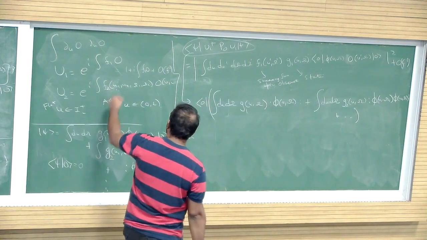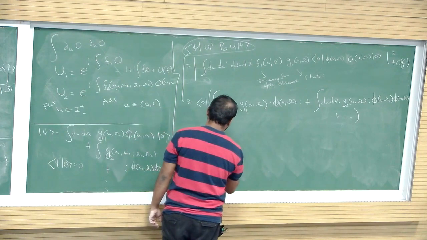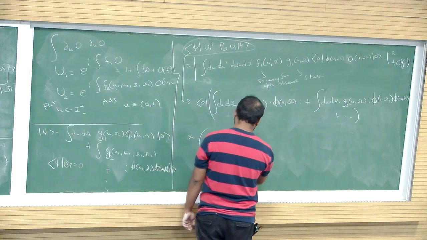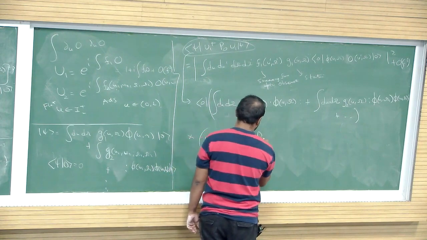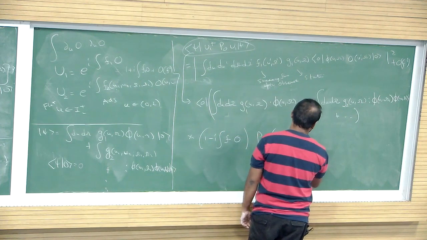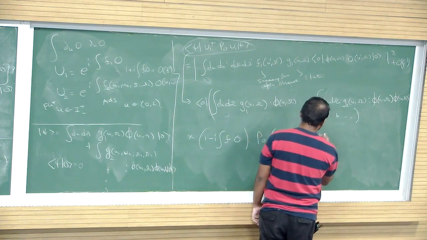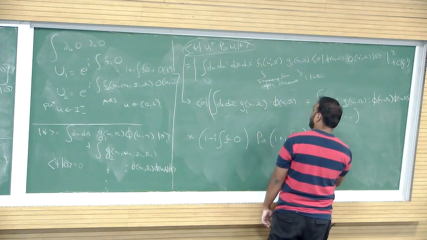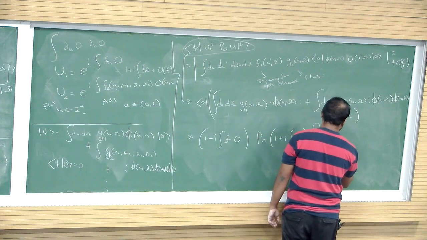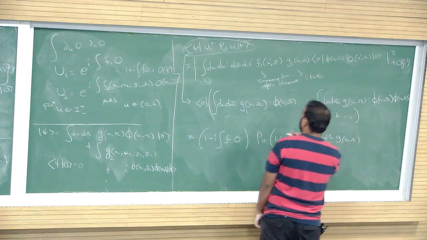So your U1 dagger would be 1 minus i F O. That's it. P0 times 1 plus i F O times psi again. I'm not writing the same. Okay, maybe I'll just write it here. D omega times, this should be G star.